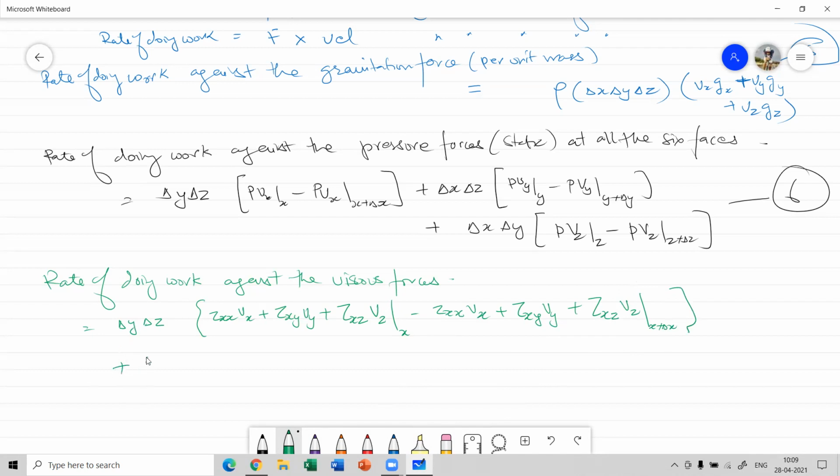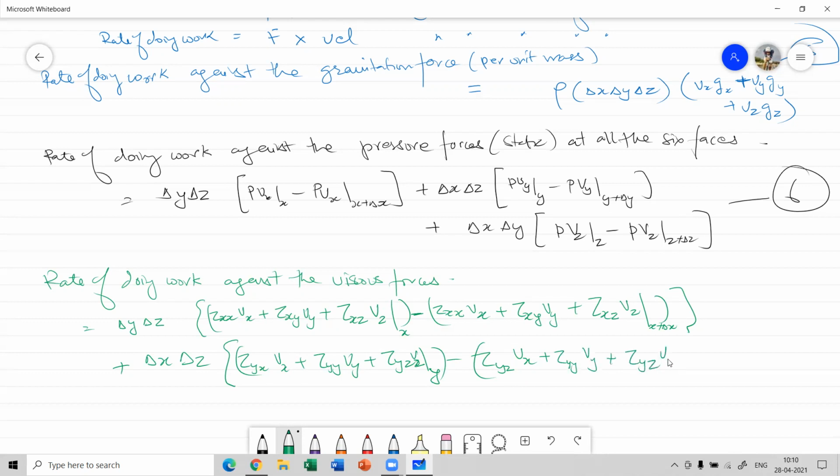Similarly, for the other two faces, in the y direction, delta x into delta z, tau yx into vx, tau yy into vy, tau yz into vz at y, minus, let me keep it in bracket form, that will be easy because then we are writing a minus sign over here, minus tau yx into vx plus tau yy into vy plus tau yz into vz at y plus delta y.